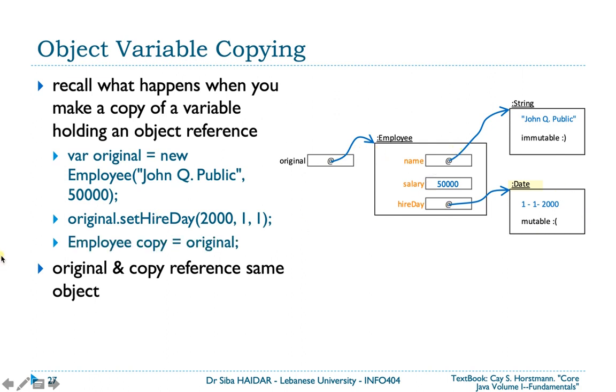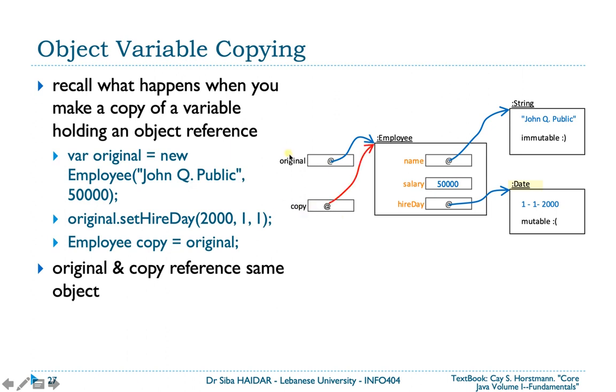Now we have the copy. Employee copy = original. So what happens when I copy a variable? I have another variable named copy, and it will receive the same thing written inside original. I recall what happens in this case. We copy and paste the value inside original, which is the reference.